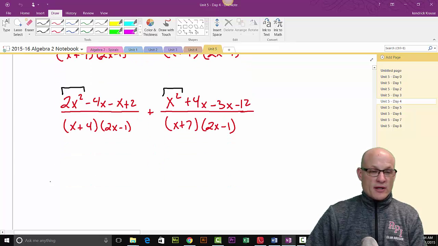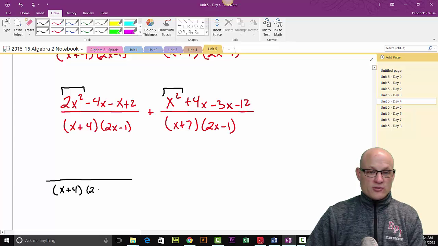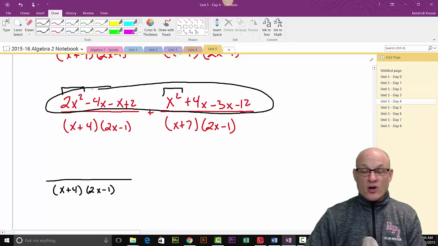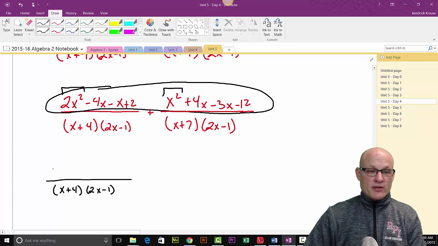That gives me, well, now that I'm ready to add, my common denominator is x plus 4, 2x minus 1. There's my common denominator. Now I'm just going to combine all of this stuff here. And I'll put it all together in one big numerator. So that gives me 3x squared. Now minus 4x and plus 4x, they cancel.